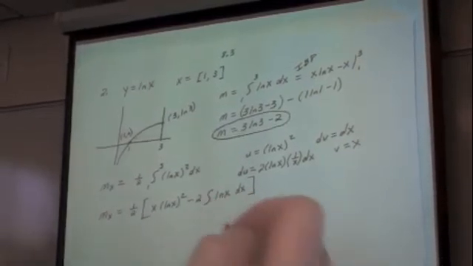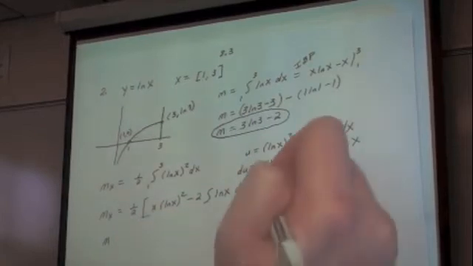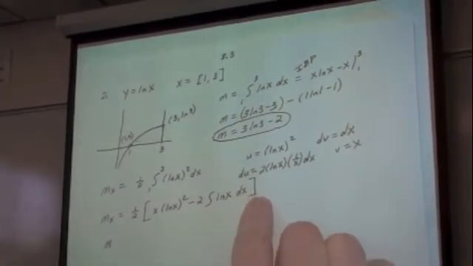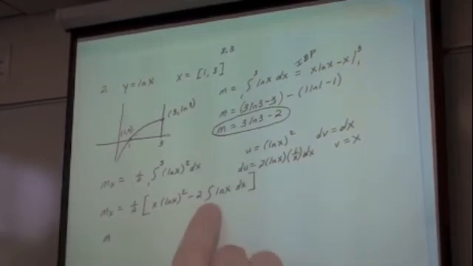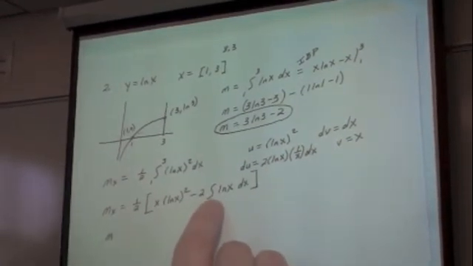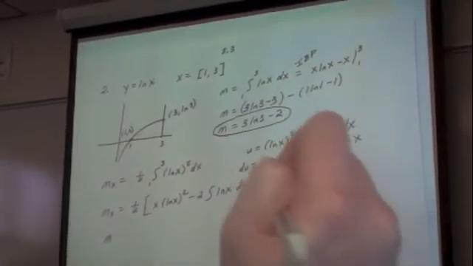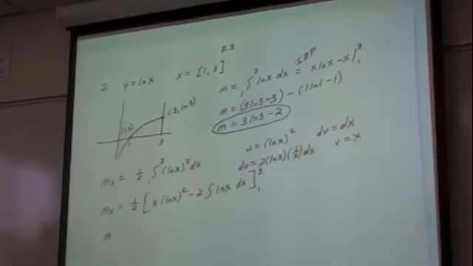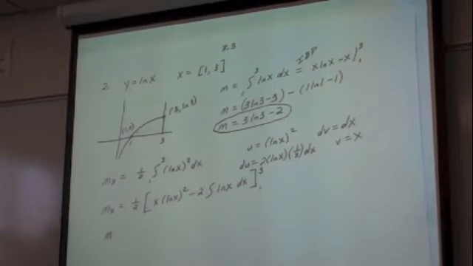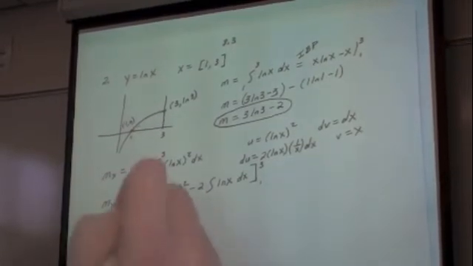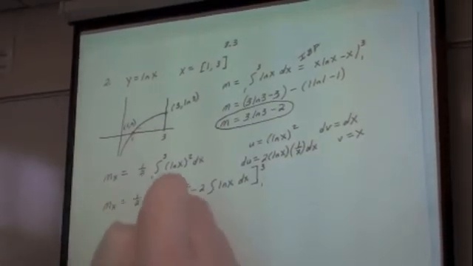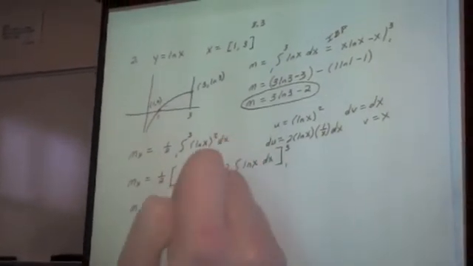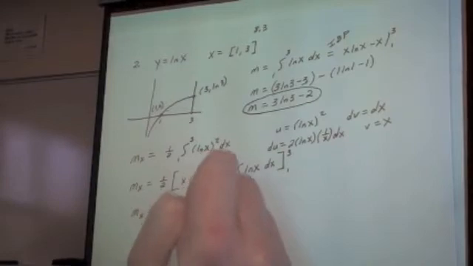So I'll say the moment about the x-axis, and I need to put in a bracket, this is still being evaluated from 1 to 3, and then I don't need to put the limits on that integral. I can say the whole thing's going to be evaluated from 1 to 3, and there's only x's in there, so obviously it's in terms of x. So I'll say the moment about the x-axis is 1/2 x, natural log of x, quantity squared.